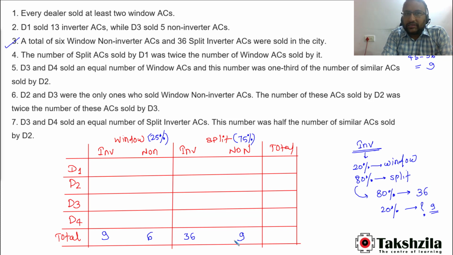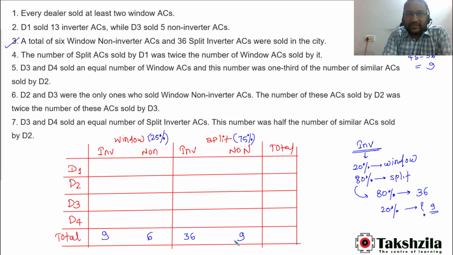Statement number 4 says that the number of split ACs sold by D1 was twice the number of window ACs sold by it. Let's keep this statement on hold because we don't know whether they are talking about inverter type or non-inverter type.